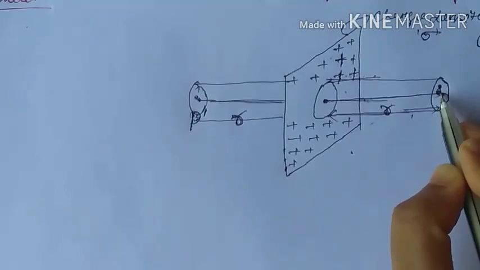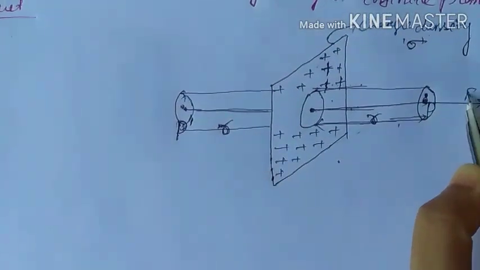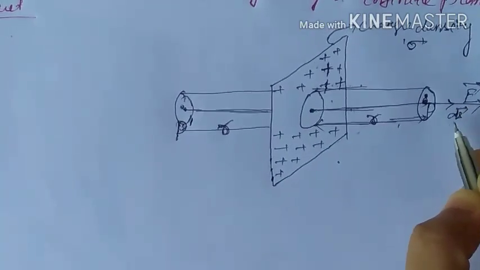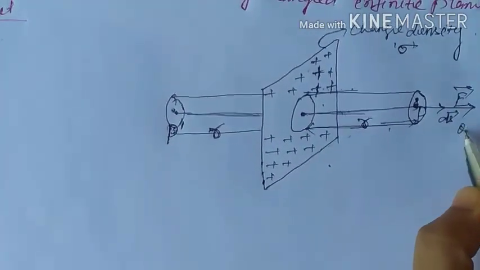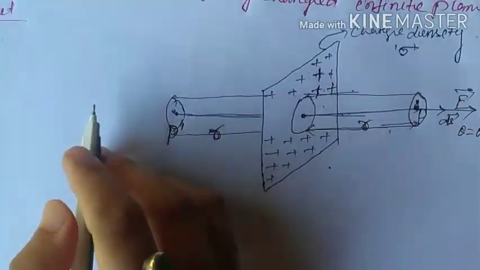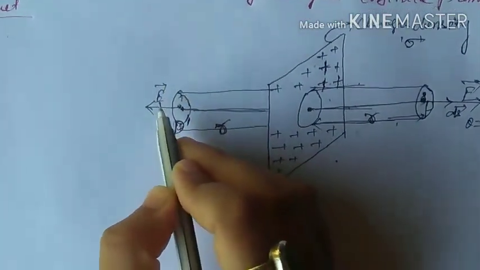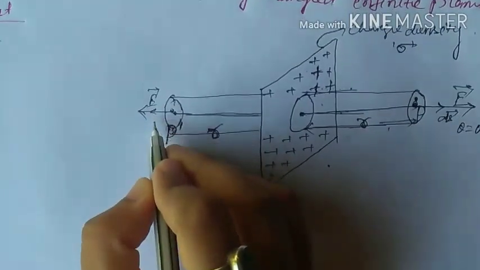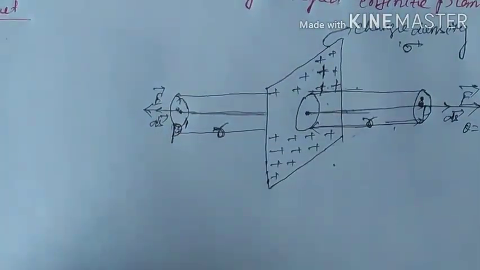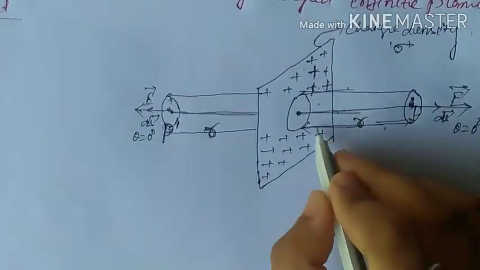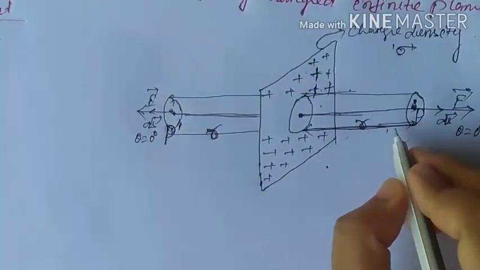Now here the electric field direction is towards this direction, the area vector also remains in this direction, so theta is equal to 0 degree. Same scenario for this side too, right? The area vector is also in this direction, so theta is equal to 0 degree. What about the curved surface of that cylinder?